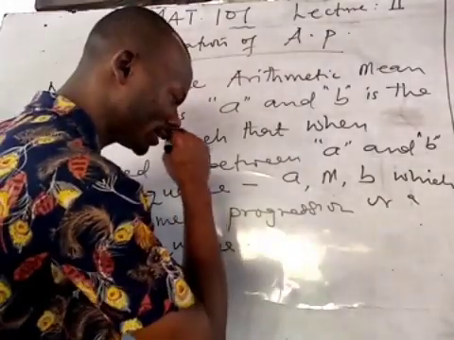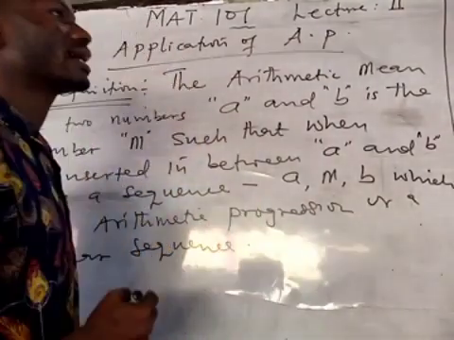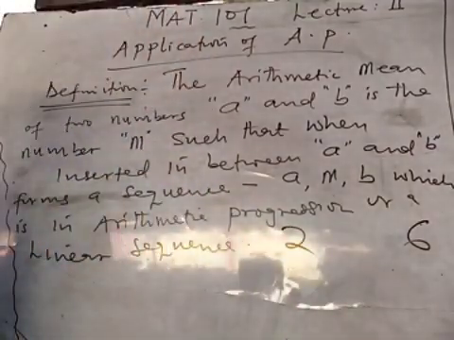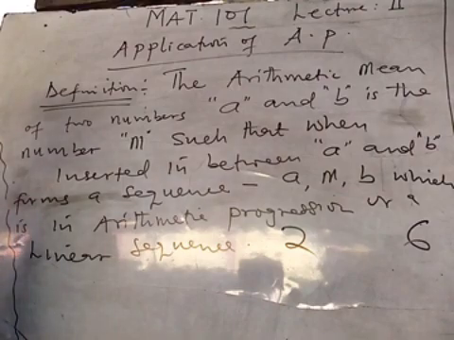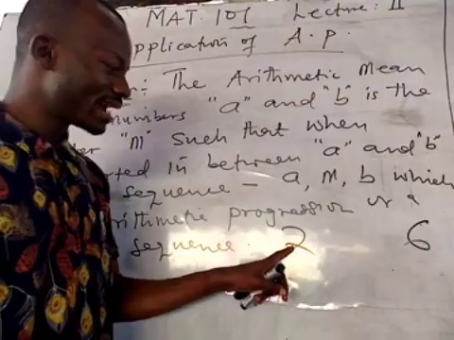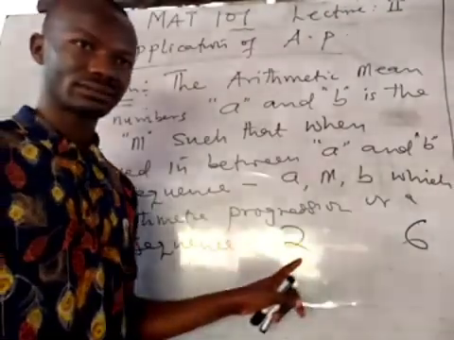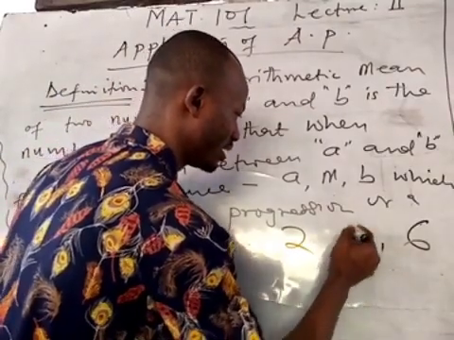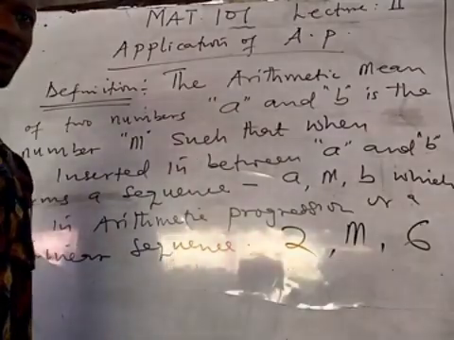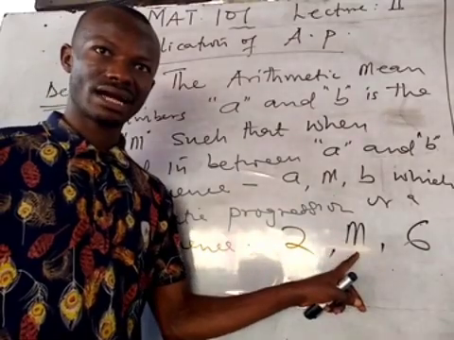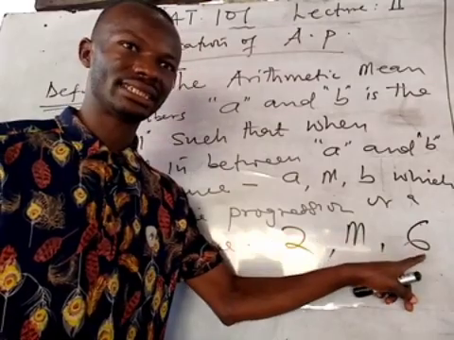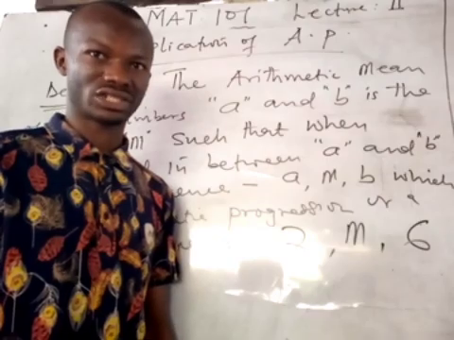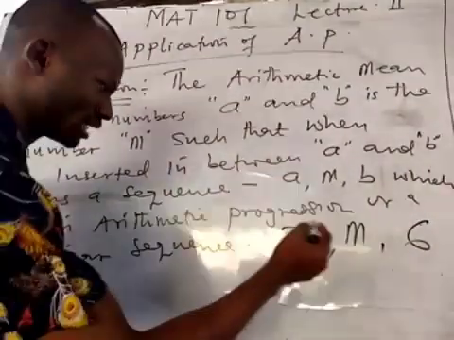If I take 2 and 6 as two numbers, and I get the arithmetic mean of these two numbers, let's say m is the arithmetic mean, when I find the value of m and insert it in between 2 and 6, I am going to form a sequence in arithmetic progression.